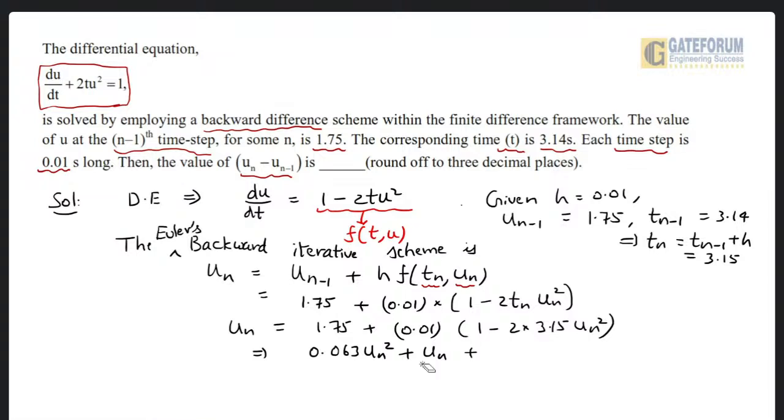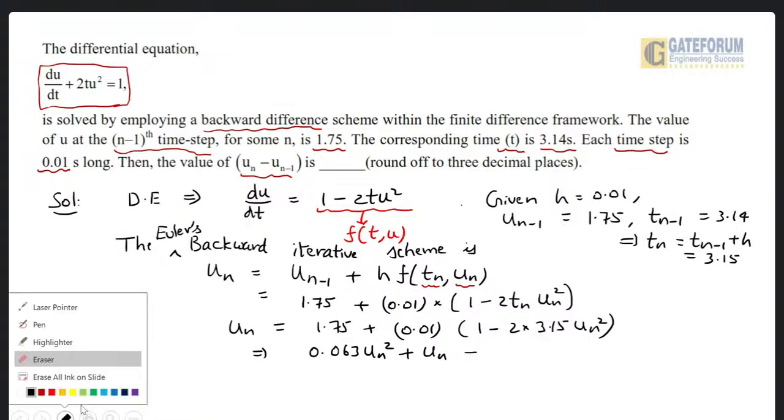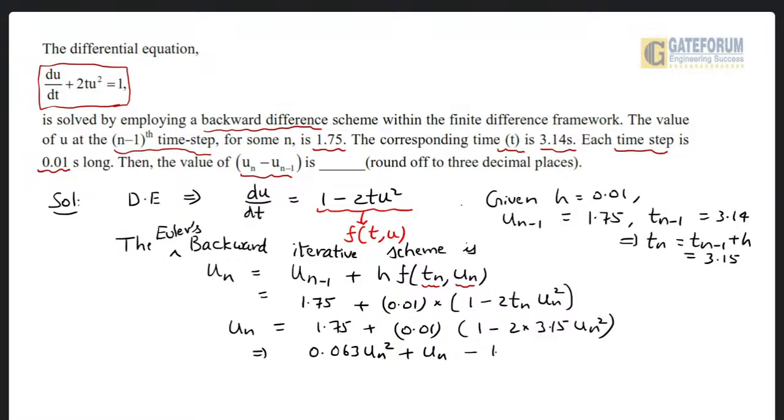So 1.75 plus 0.01 equals 1.76, minus 2 into 3.15, which means 6.3. So 0.01 into 6.3 into un square. Multiplying 6.3 by 0.01 means shifting the decimal point towards the left by two places. Okay, you will get 0.063.